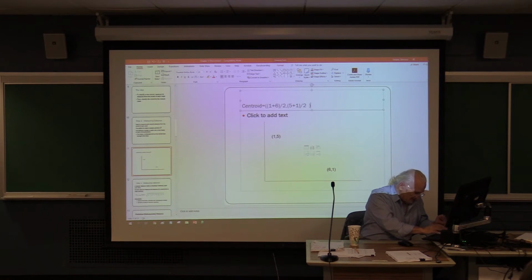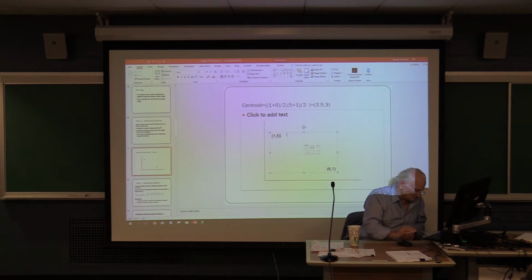Okay? And this is equal to 7 over 2, which is 3.5, comma 3. So the centroid is (3.5, 3), somewhere here.